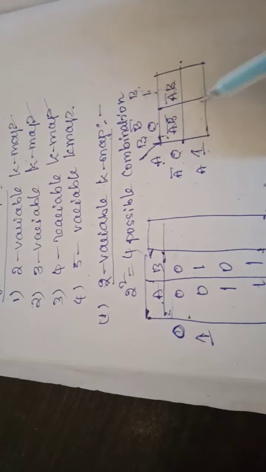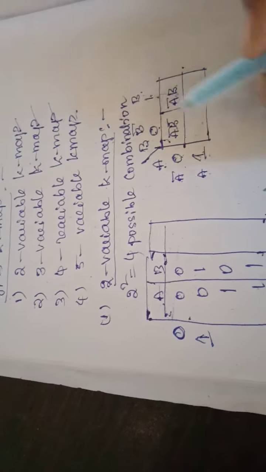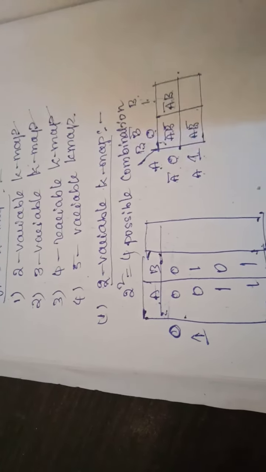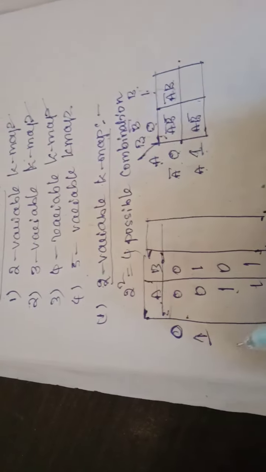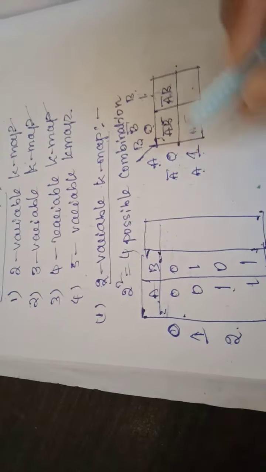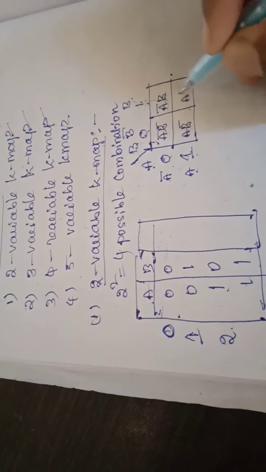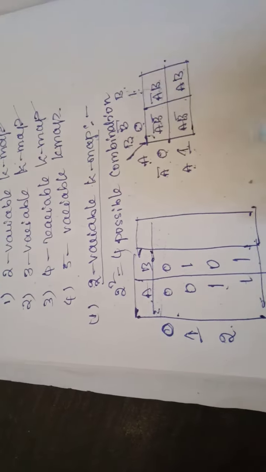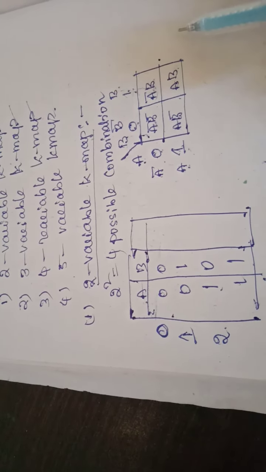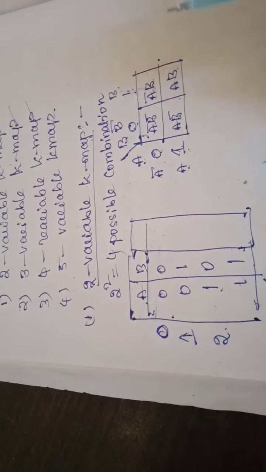We have to represent the min terms such that when 0 is there, that variable is represented in complement form, and when 1 is there, that variable is represented as it is.